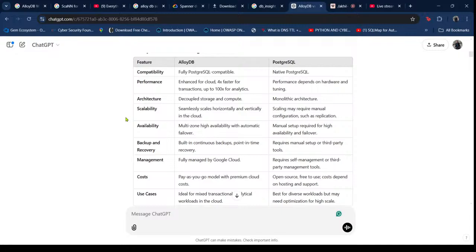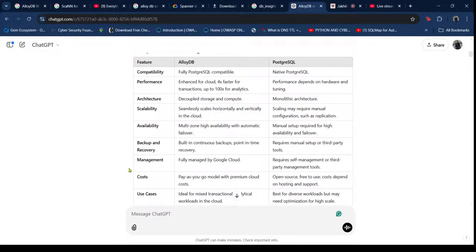Now, talking about availability of AlloyDB versus PostgreSQL, since AlloyDB is cloud based, there are multiple zones where it will be hosted. In case of failures, your hotspot will be moved from Mumbai to, suppose, Singapore or Japan or other places, but PostgreSQL will require manual setup of those.